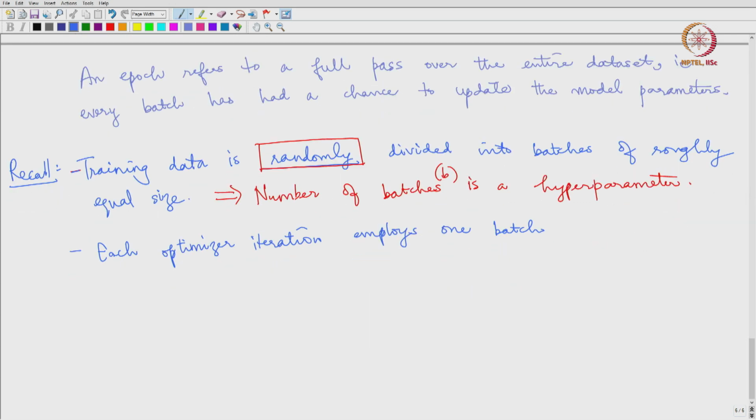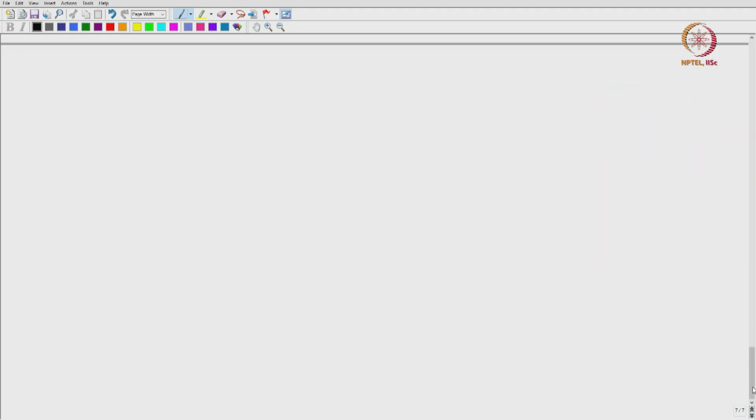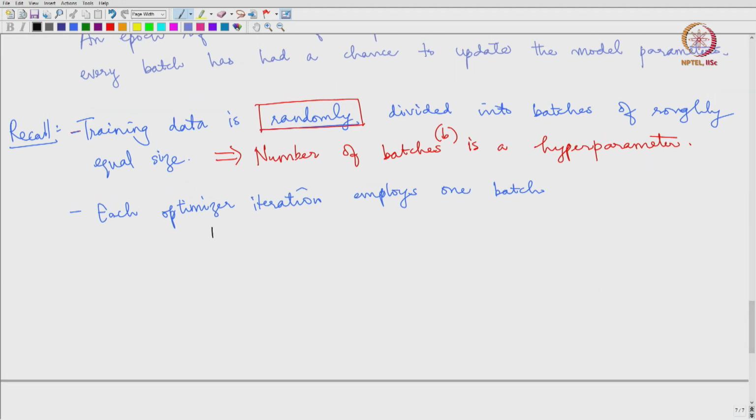So, if you now plot the loss function versus the number of epochs, on the vertical axis I am plotting the loss function or just the loss, or some people like to call it the cost function, versus the number of epochs.